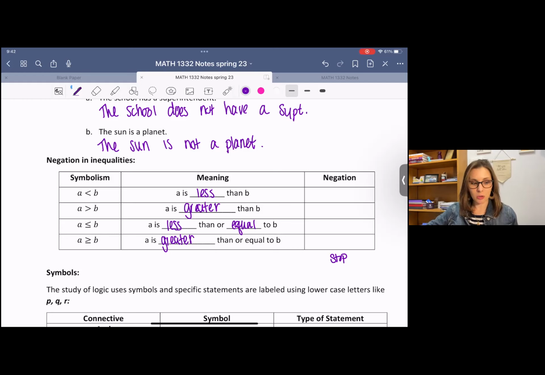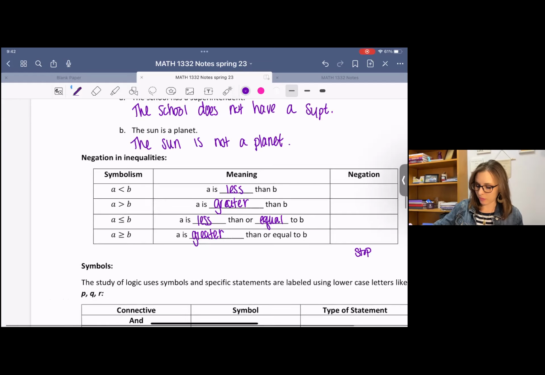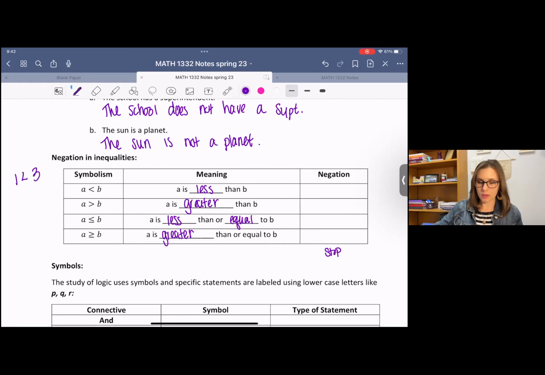To negate those, for less than, if I have a true statement, let's say 1 is less than 3, and I negate that, I need to not only flip the inequality but also use equal. So less than becomes greater than or equal to.